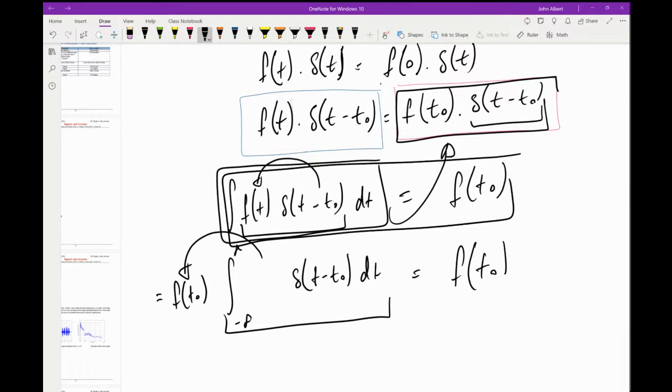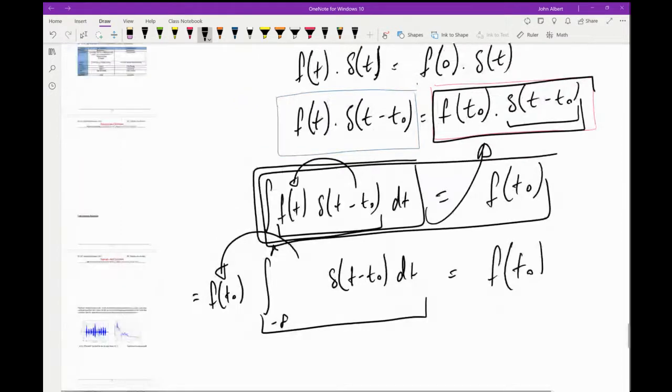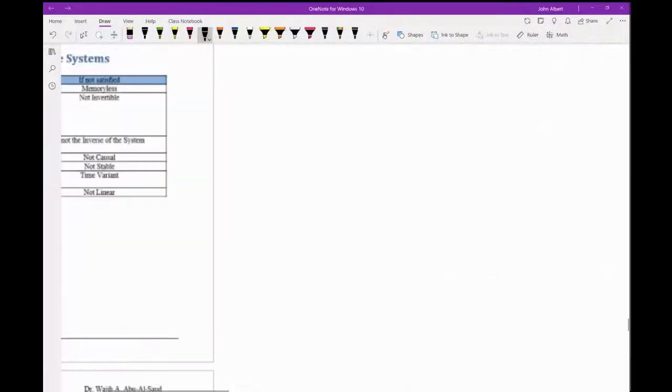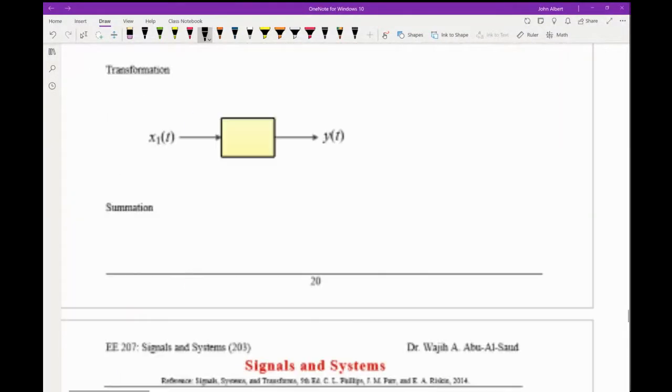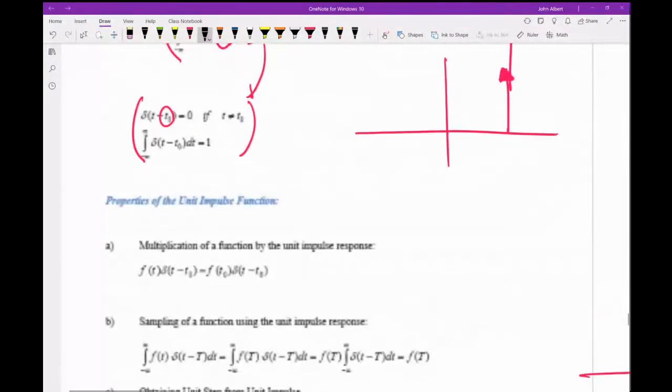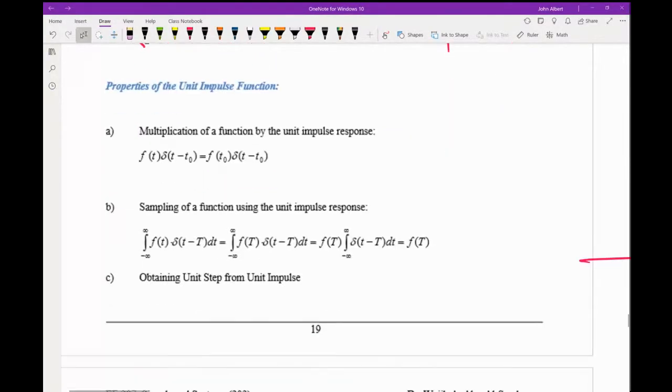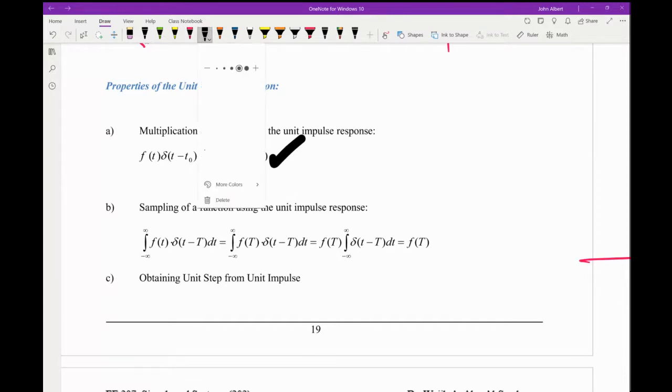In fact, this is one of the properties of the unit impulse function. We have talked about this.